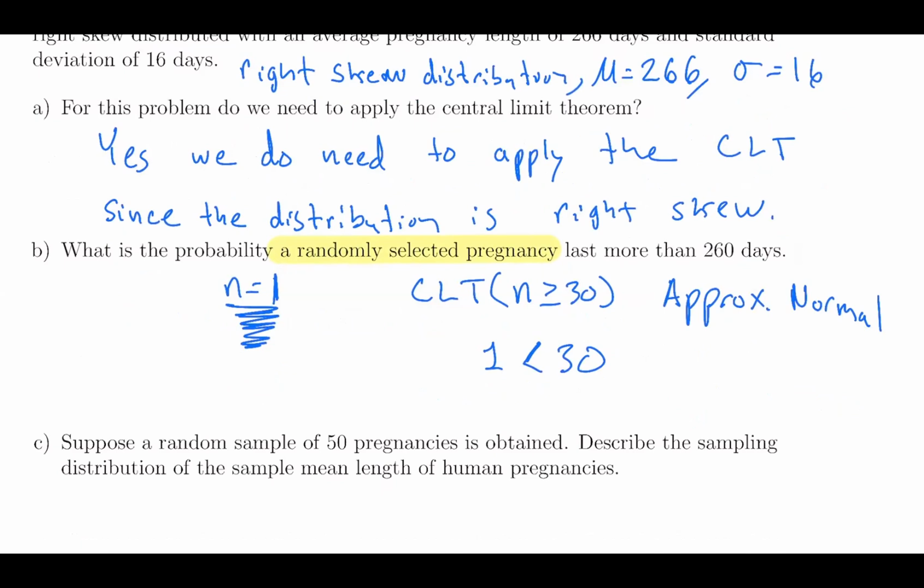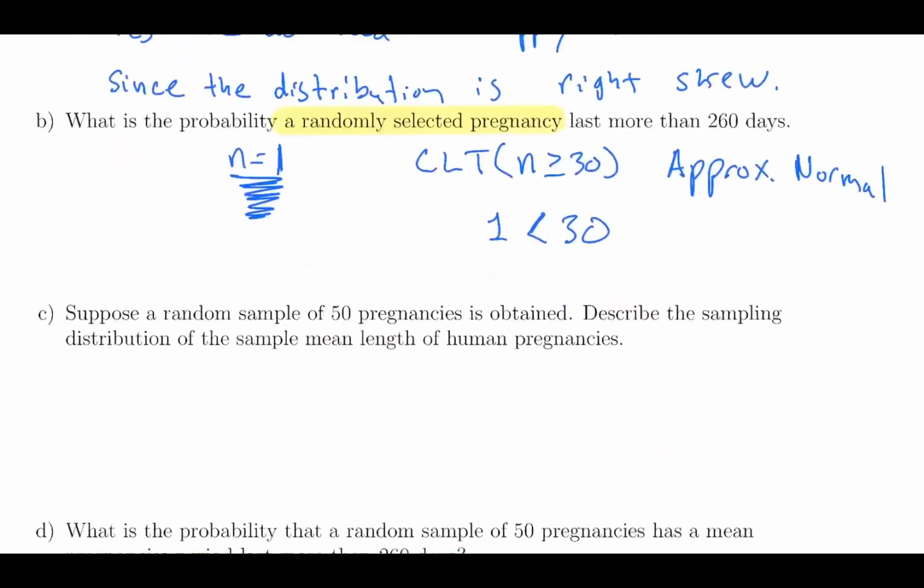Okay, so let's do part C. Part C says, suppose a random sample of 50 pregnancies is obtained. Describe the sampling distribution of the sample mean length of human pregnancy. So for part C, how many pregnancies are we randomly selecting now? 50. Yeah, 50.